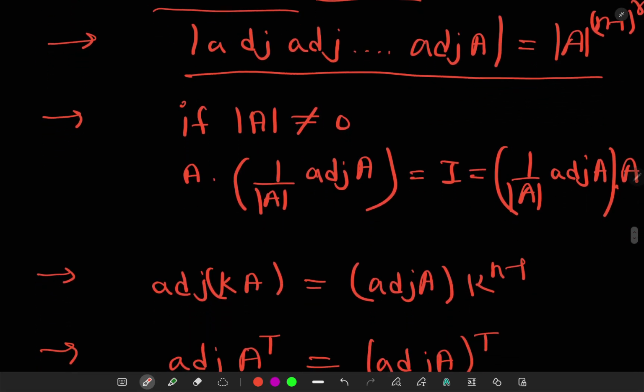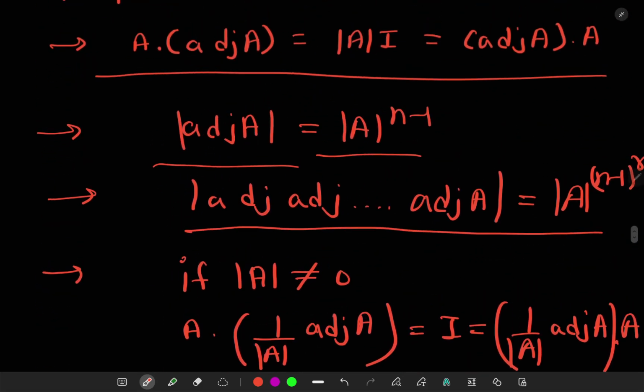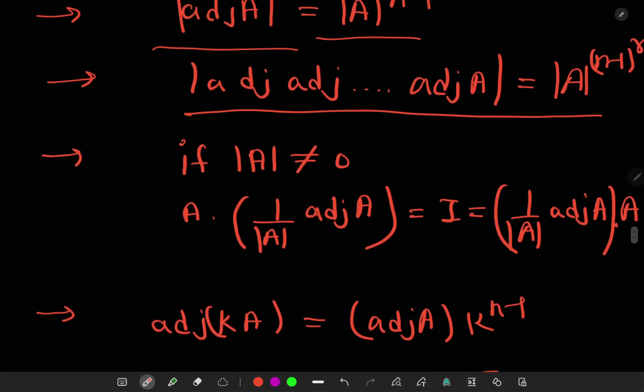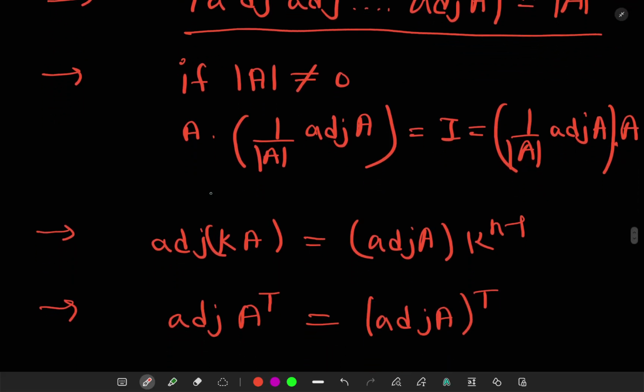If determinant does not equal 0, then using this equation with this relation, we divide both sides by determinant of A, we get this.